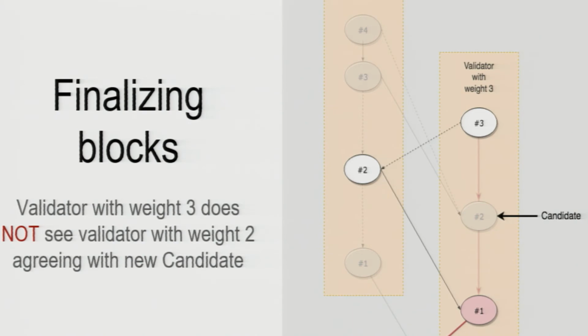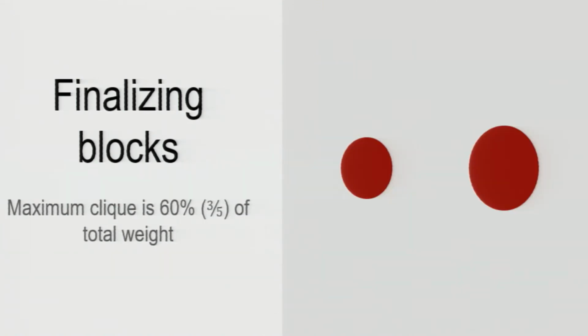But if you look at the other way, this time when the right validator looks at the left validator's latest block and it sort of goes down its chain, it does not see the candidate. And so this means that the right validator isn't able to see that the left validator is agreeing with the candidate. And so here, we're not allowed to draw that edge between them.